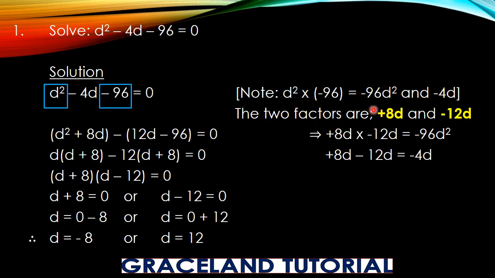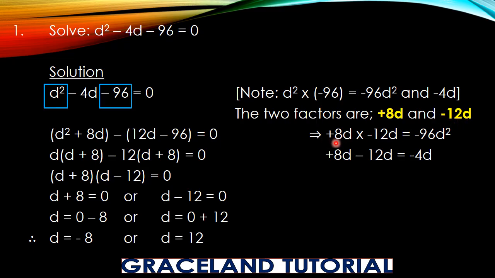Now, there are so many pairs of factors that will give you minus 96d squared when you multiply them, but the two factors we really need are plus 8d and minus 12d.